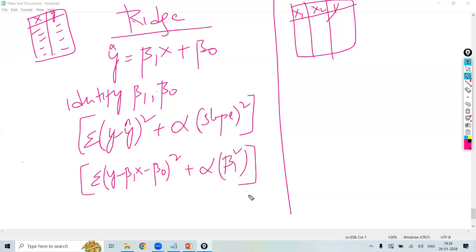So overall this should be minimum, and from this we calculate beta 1 and beta naught. So a new beta 1 and beta naught is calculated when compared to linear regression. Understood or not? Everyone is clear now? The equation remains the same, but the extraction of beta 1 and beta naught changes.